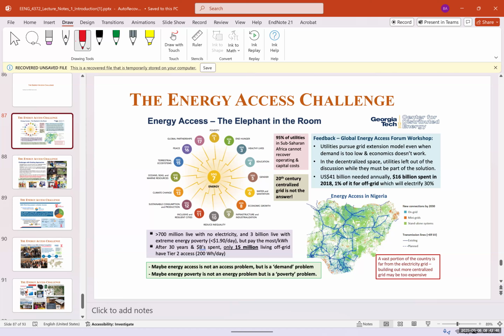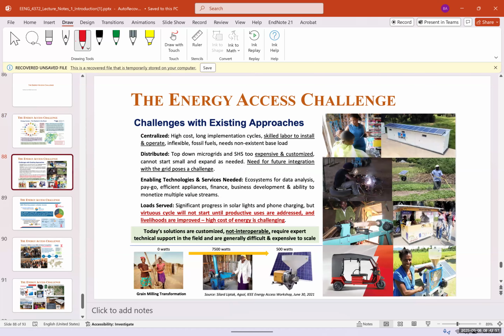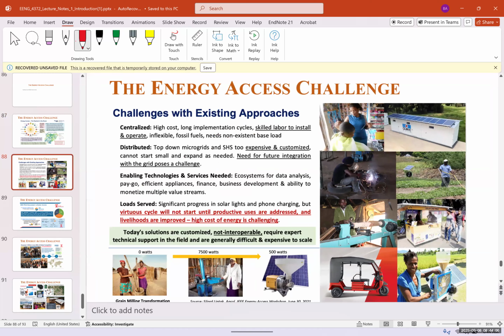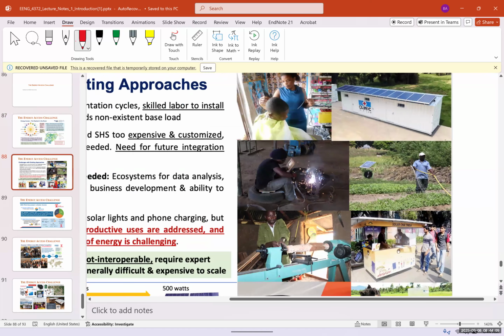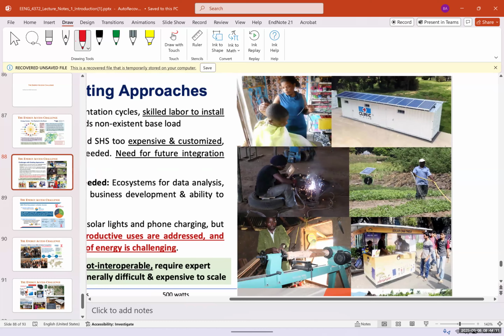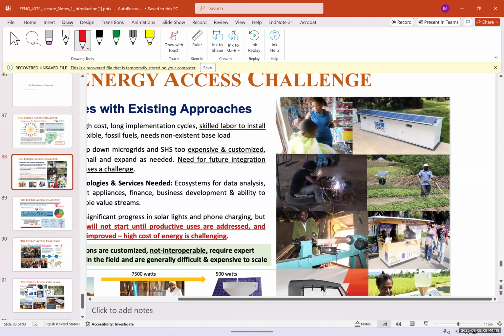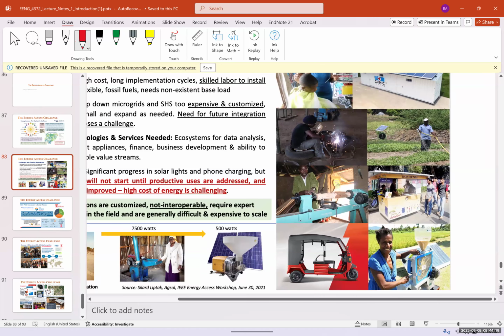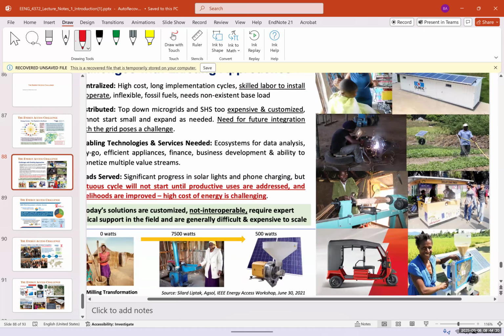Just install solar panels for rural areas. But the problem is, again, the cost is coming down, but we need other things rather than cost, like expertise and people to install them. These are some examples of the existing approaches, and they are happening a lot. You can see that they are using solar energy for clinics, for pumping water, in industry, and for transportation.